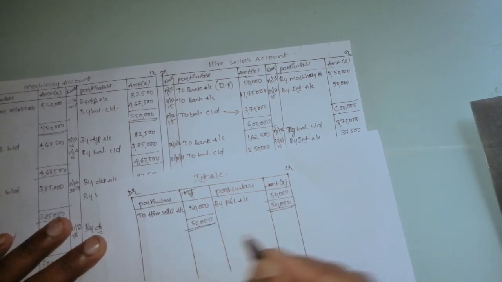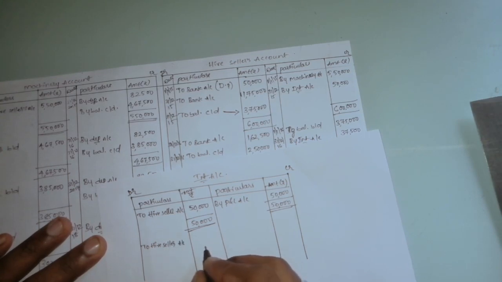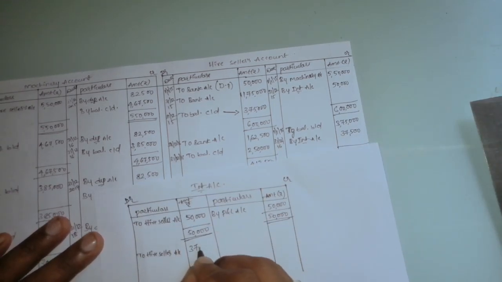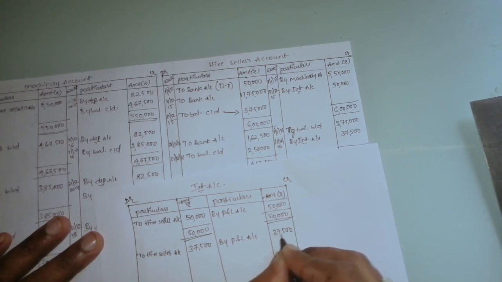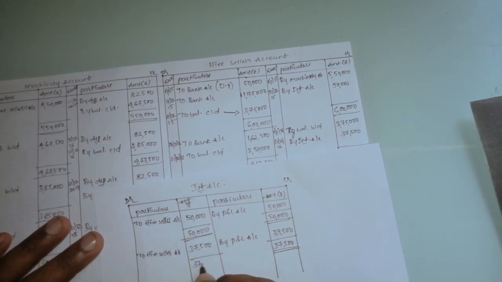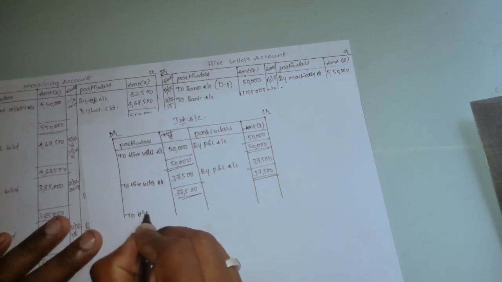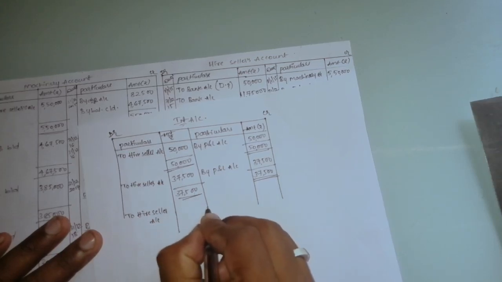First year closed. Second year, to hire seller account. How much interest was paid in the second year? 37,500, transferred to profit and loss account. Next, third year, to hire seller account. How much?